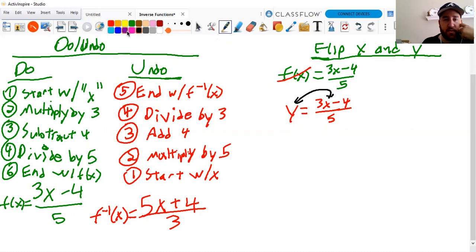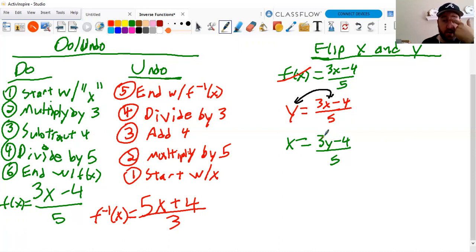Flip x and y. So flip it. Now, again, solving for y.